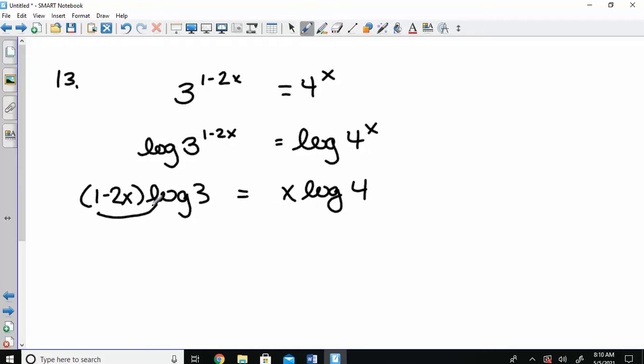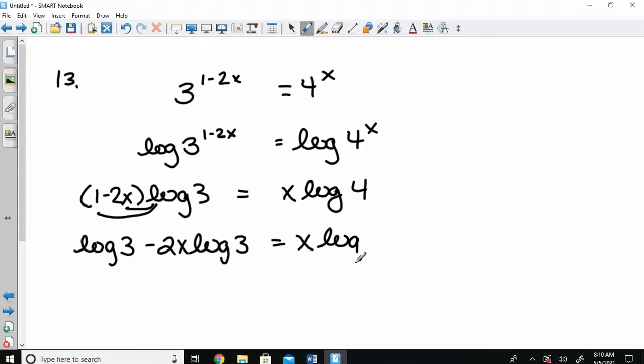So I do need to distribute, so we get log 3 minus 2x log 3 equals x log 4. If I'm looking at this, I have two x's. You need all the x's on one side, so we're going to add this term over.